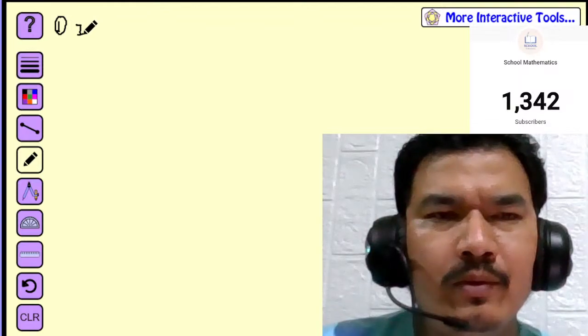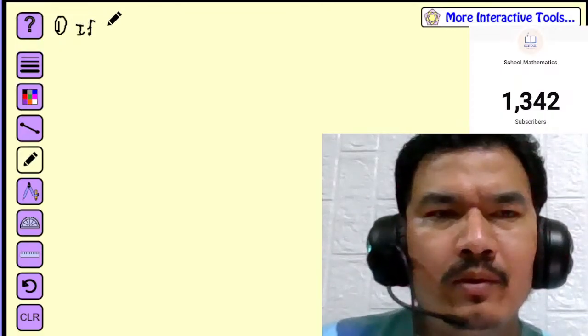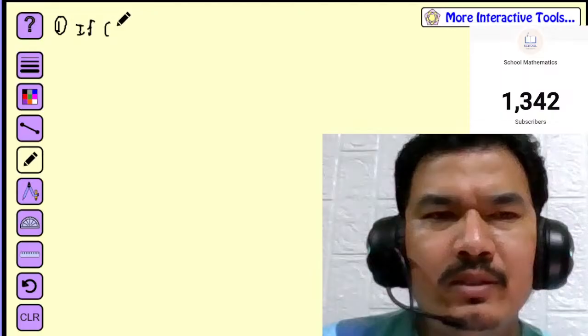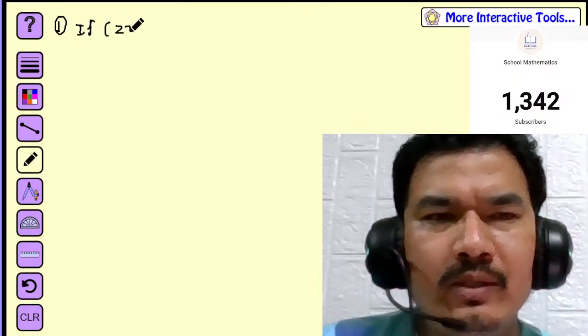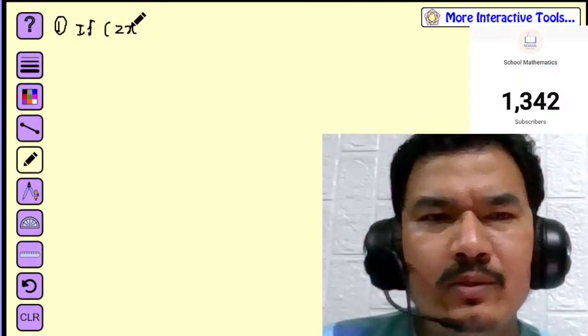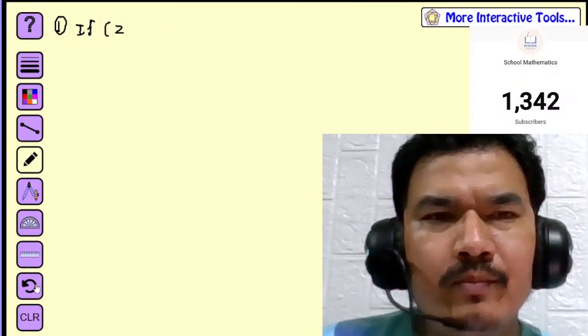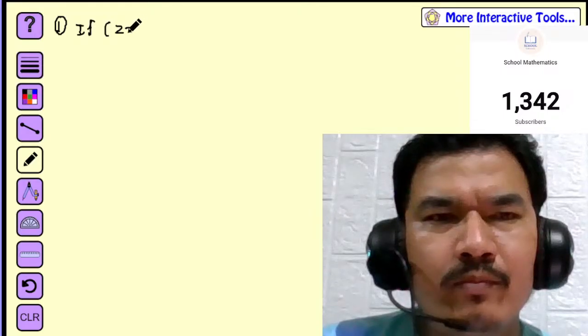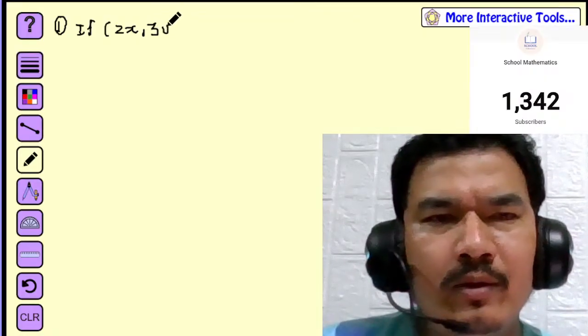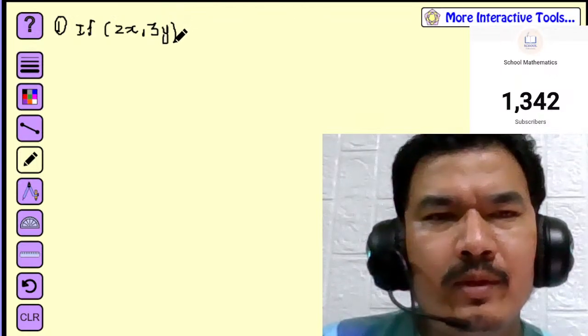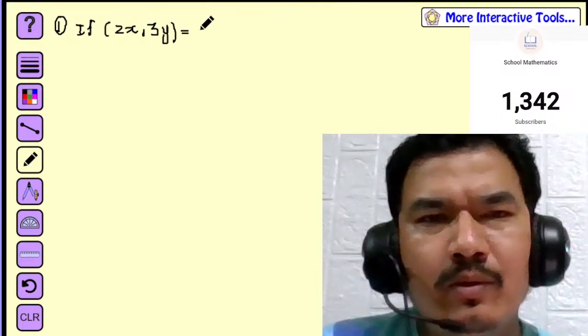If an ordered pair 2x comma 3y is given equal to the ordered pair 4 comma 6.